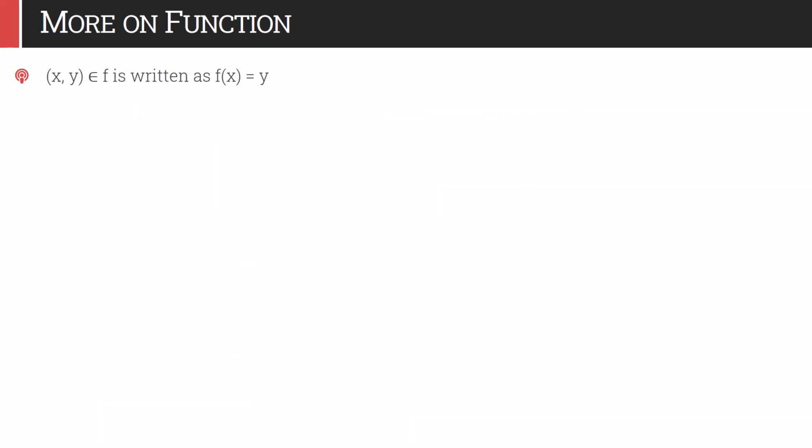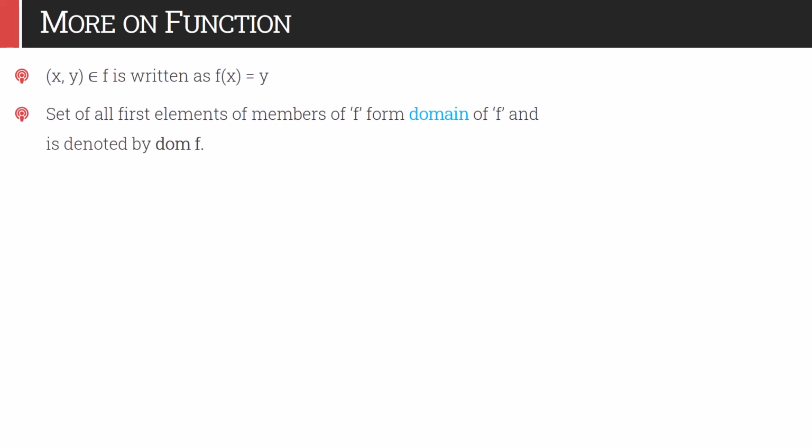Let us talk more on this function. A pair x comma y, which is in f, we can also write as f of x is equal to y. So y is the dependent variable, x is the independent variable. When we put the value of x into function f, it will produce y. So typically we write a function as f of x is equal to y. So x is the input and y is the output of the function.